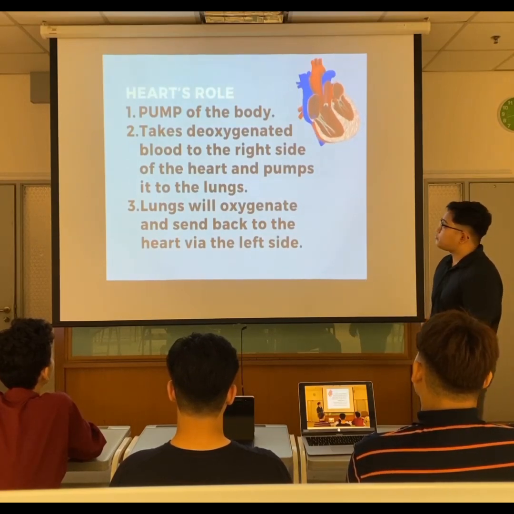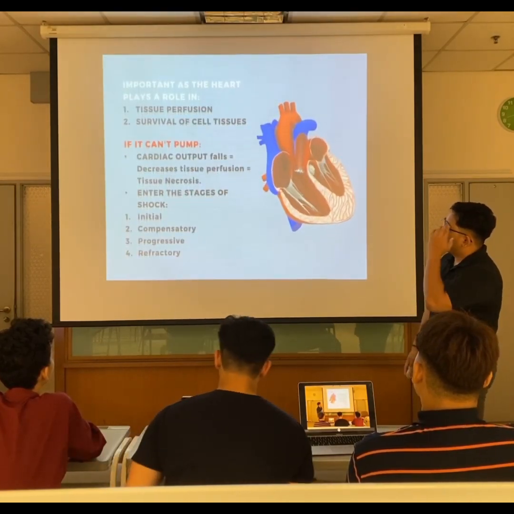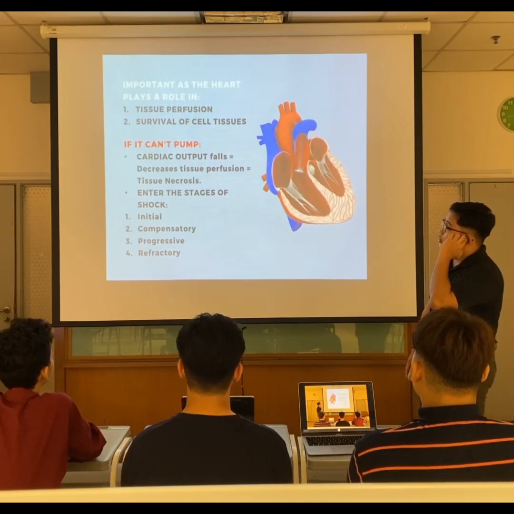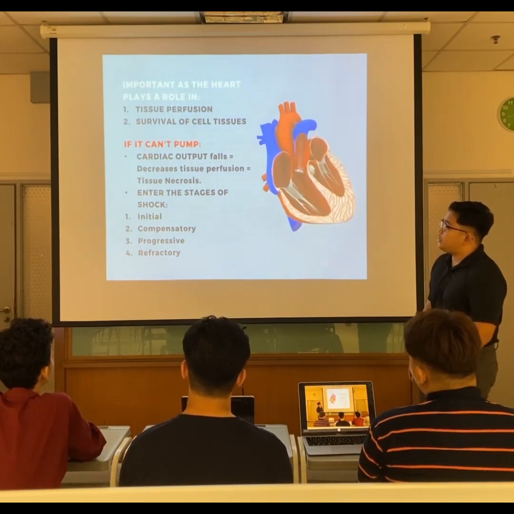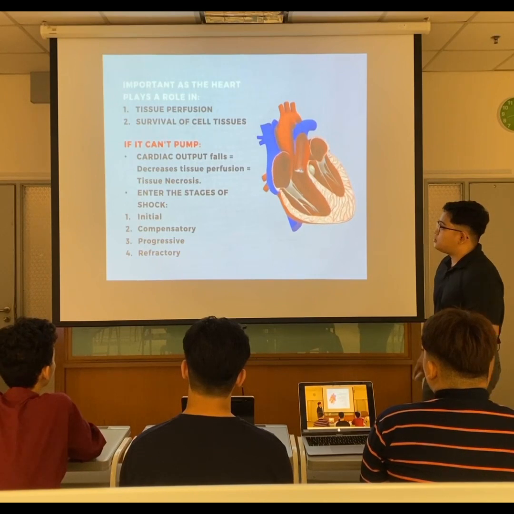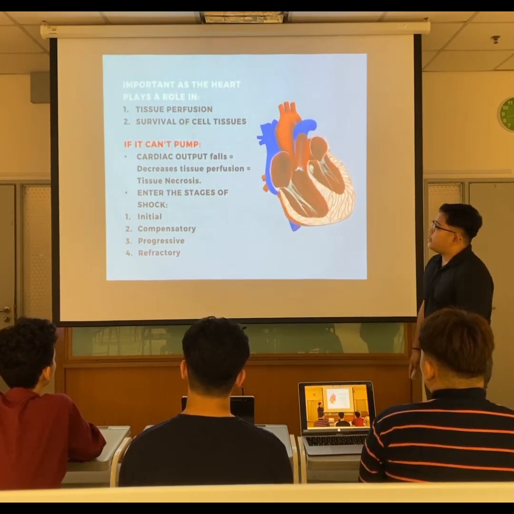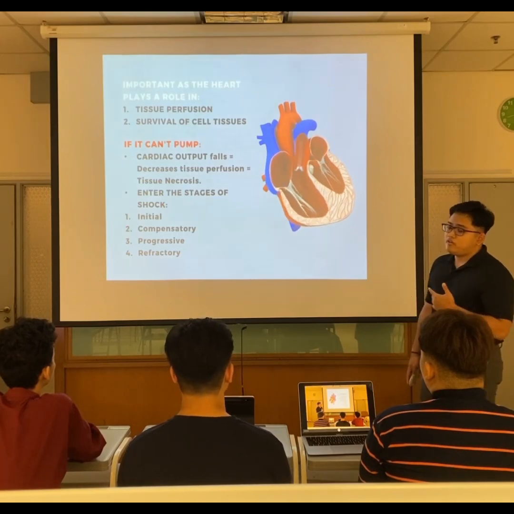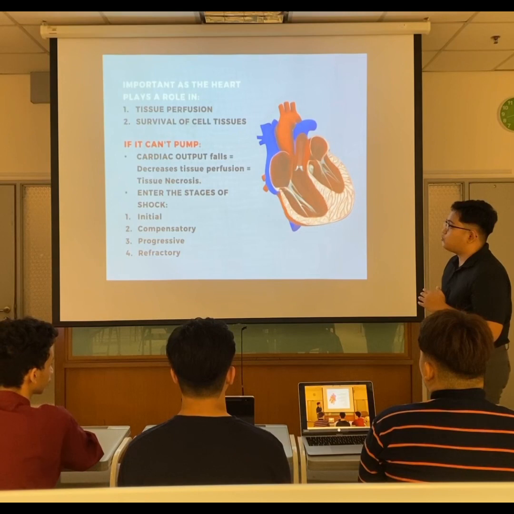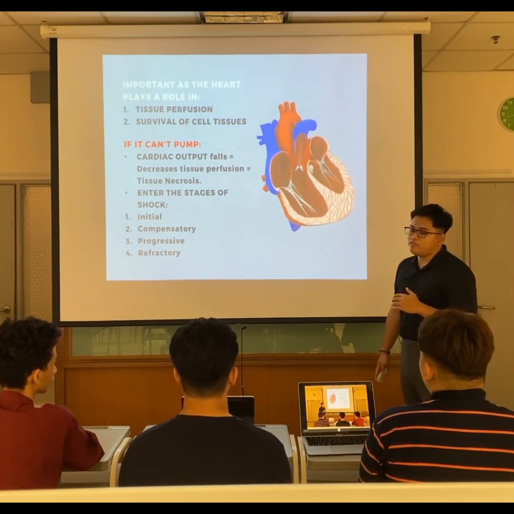for the perfusion needs. Okay, so next, the heart is important because firstly it plays the role in maintaining the tissue perfusion. So basically to meet the body's needs of perfusion, through the delivery of oxygen and nutrients through the blood, it will help the cells and tissues to survive throughout our lifetime.